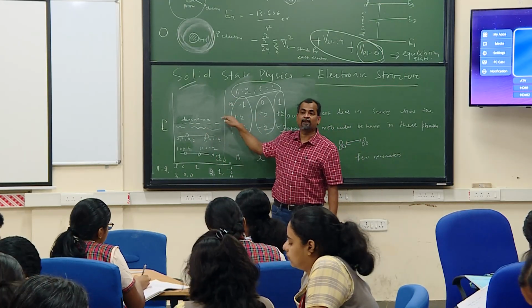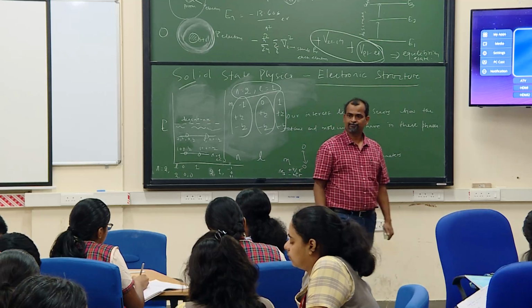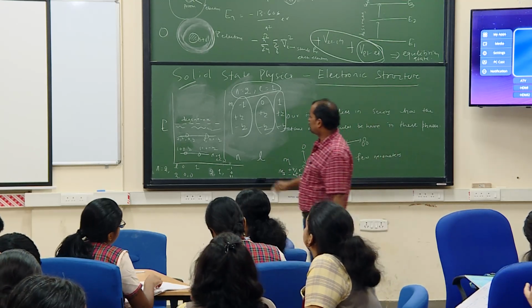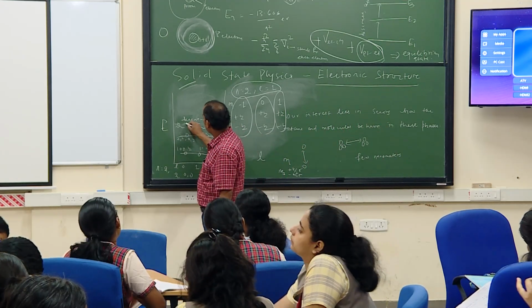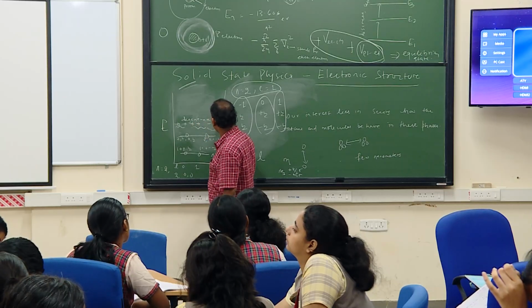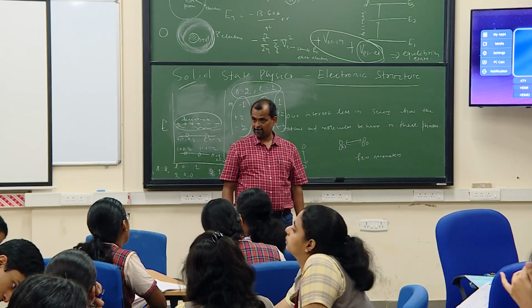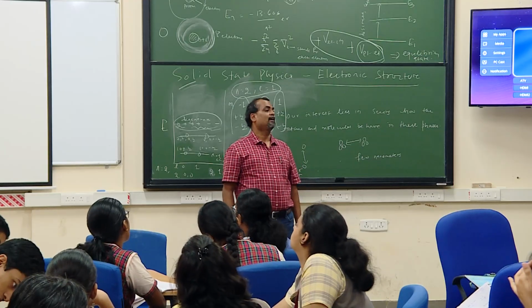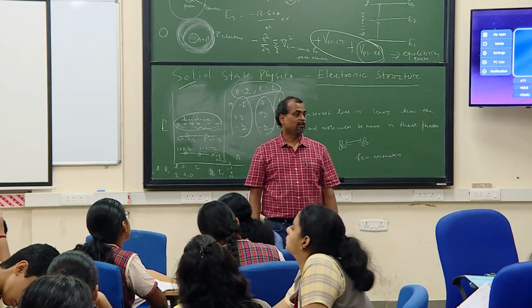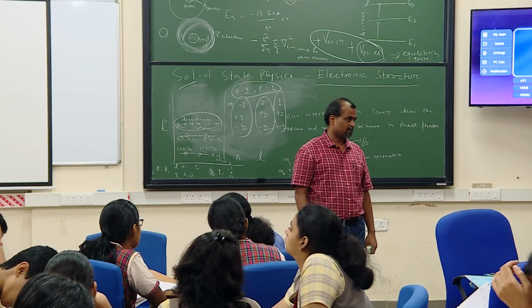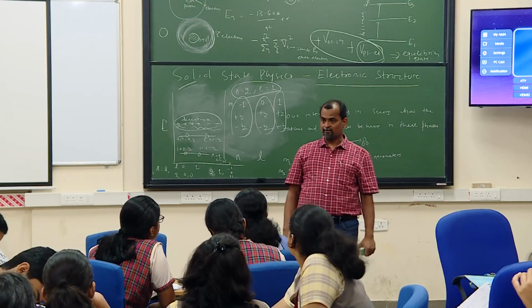But this cell is not filled. Correct? So the electrons can stay here; 4 electrons can pick out of 6 states. You have done this permutation and combination, the binomial theorem.